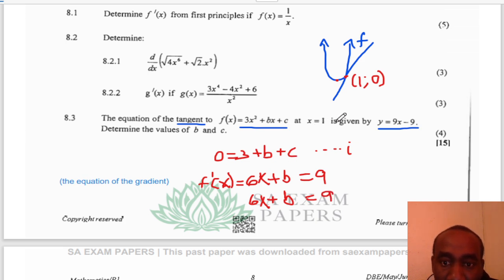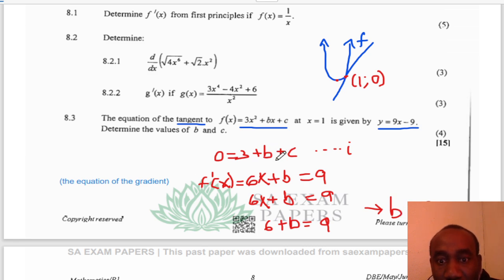At this point we can substitute x equal to 1 into this. So we have 6 times 1, which is 6, plus b equals 9. That implies that b equals 3.